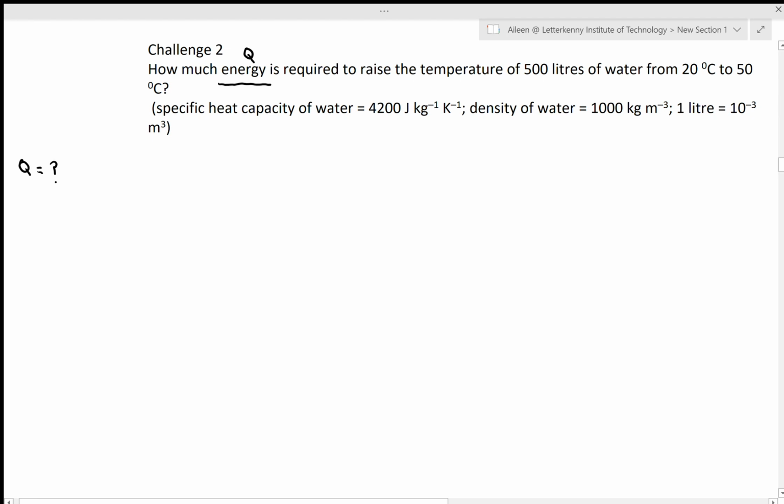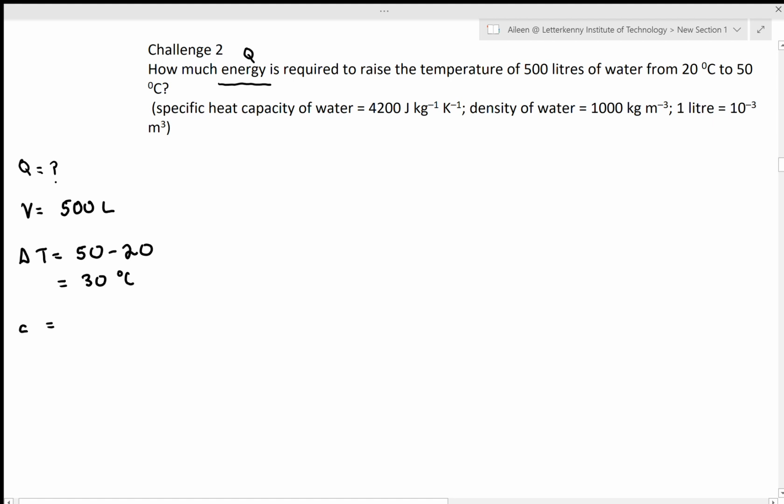I'm told that I have 500 litres of water, so the volume of water is equal to 500 litres. I'm told that my change in temperature is from 20 to 50 degrees. So I subtract my temperature values from each other, so it's always the largest minus the smallest. So my change in temperature is 30 degrees.